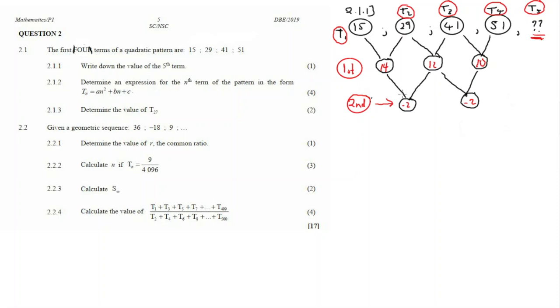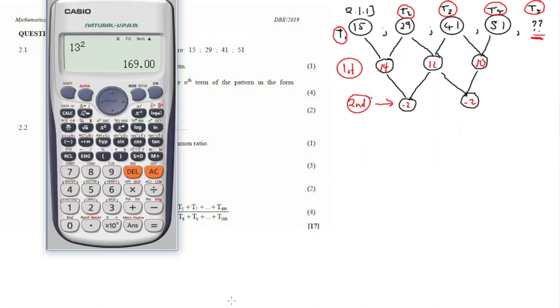We can test that method by adding negative 2 to 12 to 41, which should give us 51. So in order to find T5, add minus 2 to 10 to 51, which gives us T5. Just to show you that this works: negative 2 plus 12 plus 41 gives us 51.